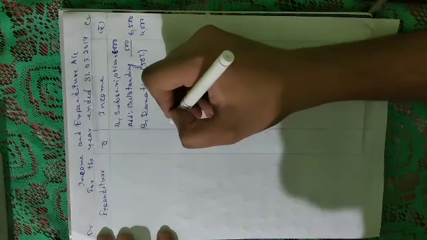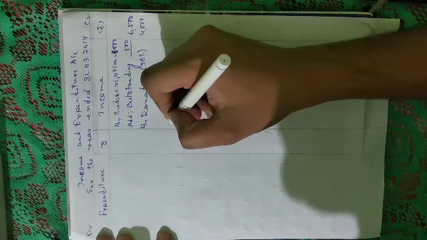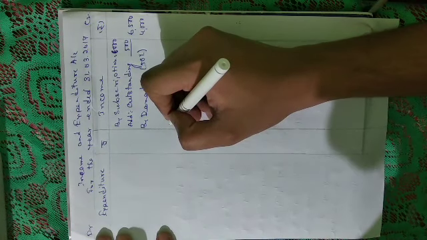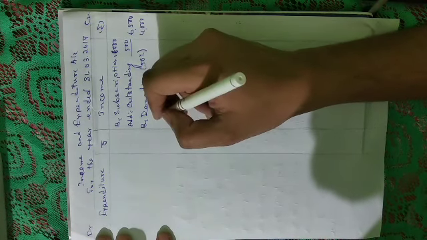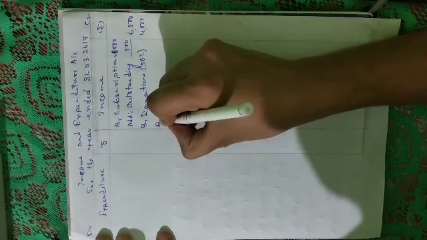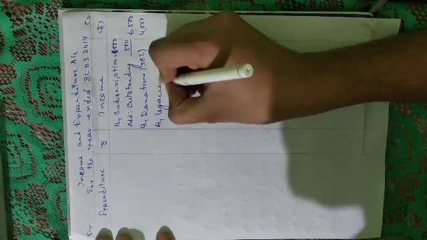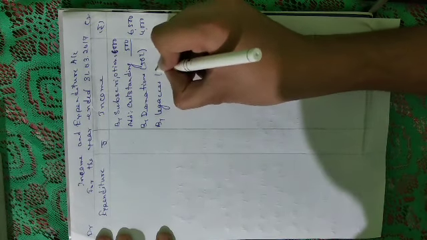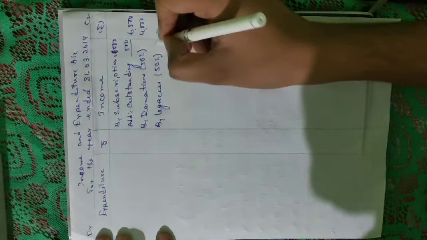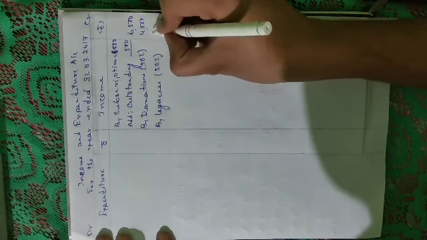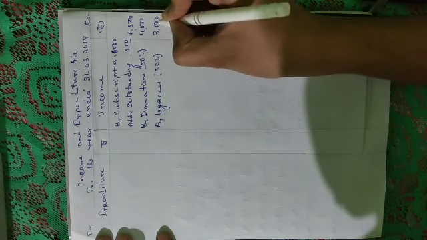Next, endowment fund receipt. Endowment fund is capital in nature. Next, by legacies 50%. Legacies are 6,000, 50% is 3,000.